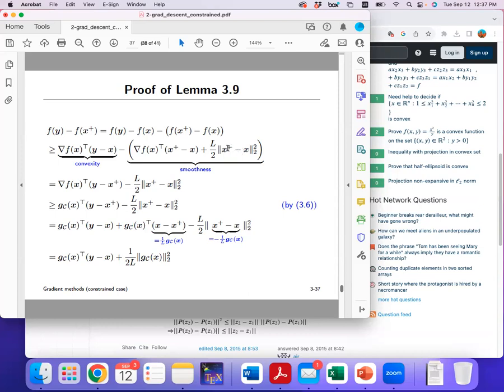Because this is less than or equal to, but because of the negative sign, it becomes greater than or equal to. So this is compatible. So for one term we apply convexity, the other one we apply smoothness.